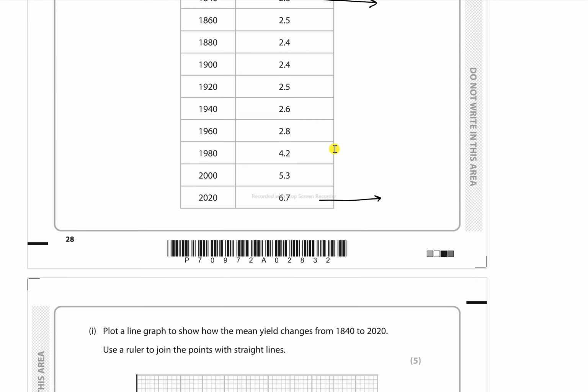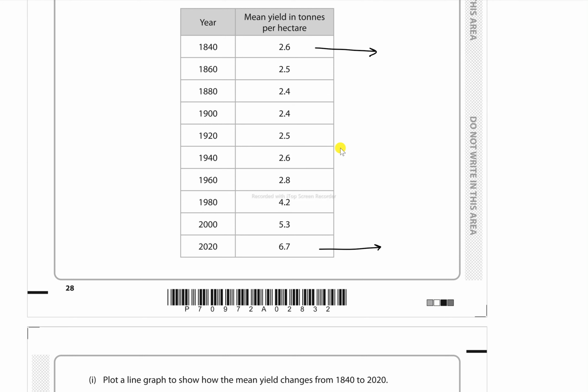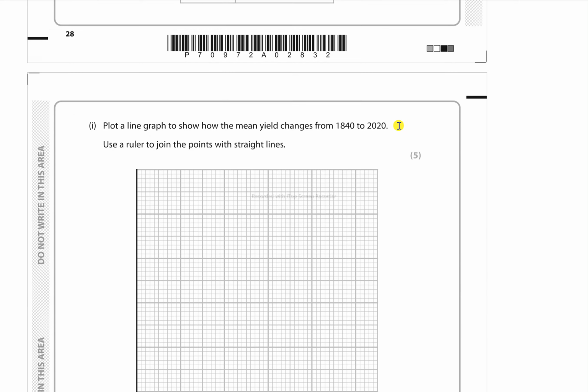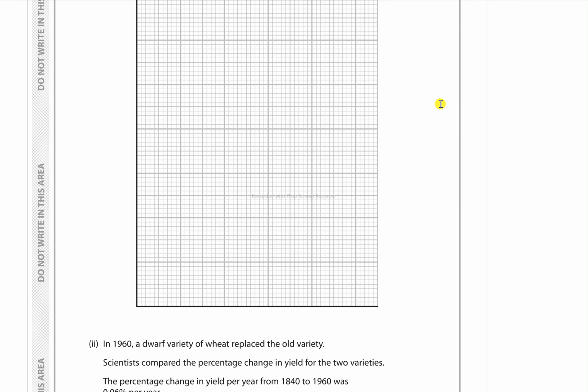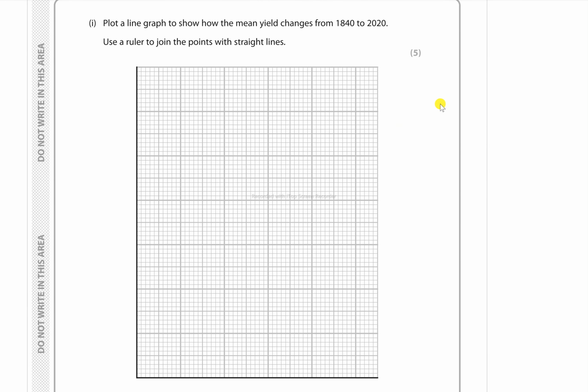Oh my God. Right. Okay. Let's have a look. 3, 4, 5, 6, 7, 8, 9, and 10. So we've got 10, and it goes from 2.6 all the way to... So we could technically do 1, 2, 3, 4, 5, 6.